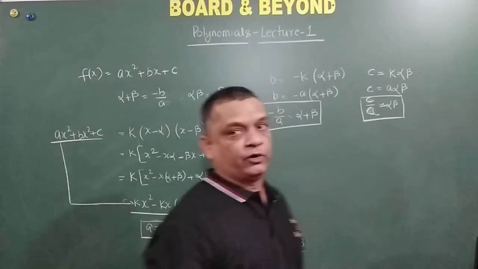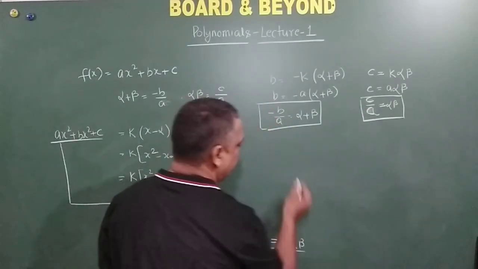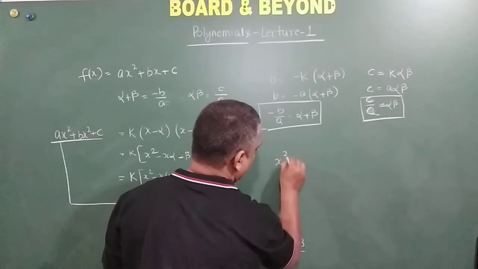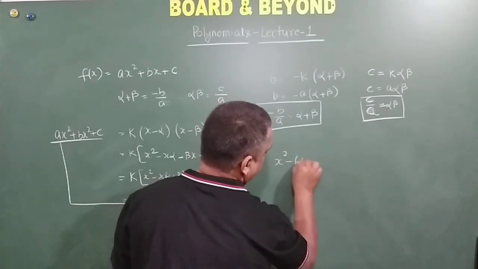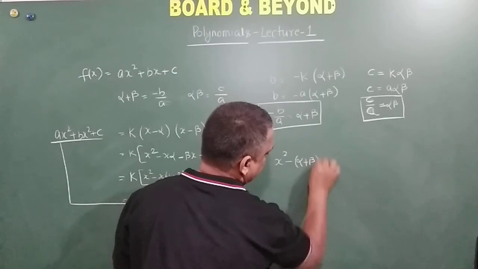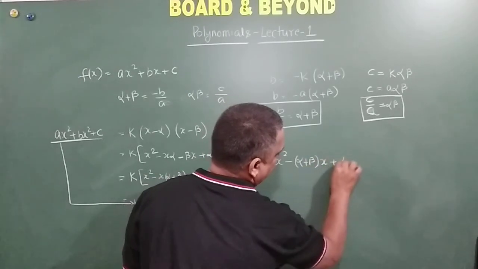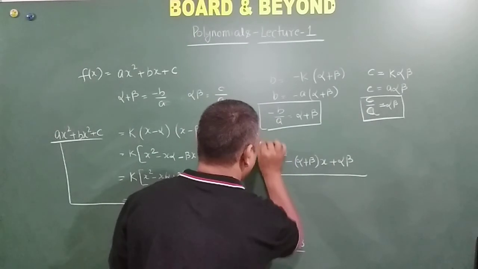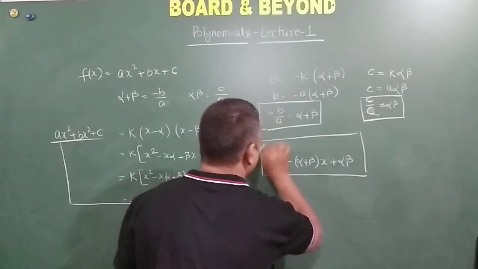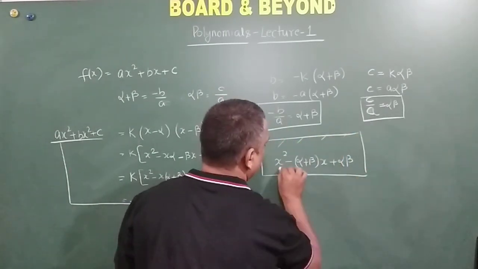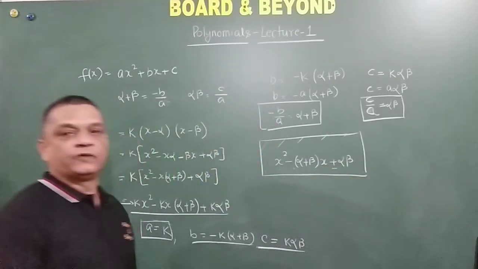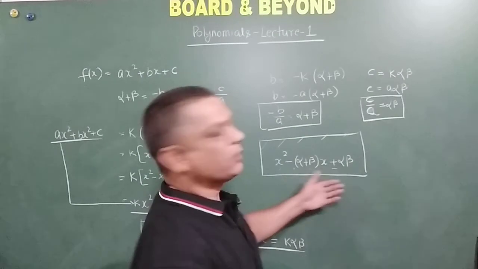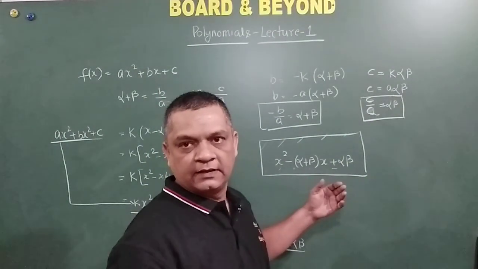So this is going to help you in future. So x square minus (alpha plus beta) x plus alpha beta is the required form of a quadratic polynomial once you know the roots of the quadratic polynomial. So once the roots are known to you, you can formulate the quadratic polynomial like this, right?